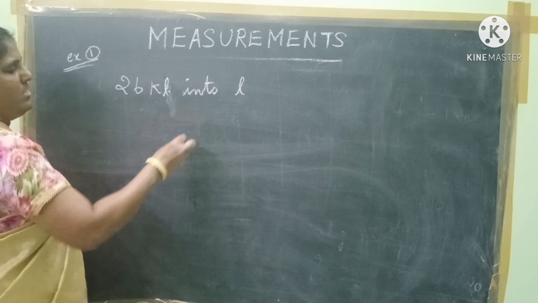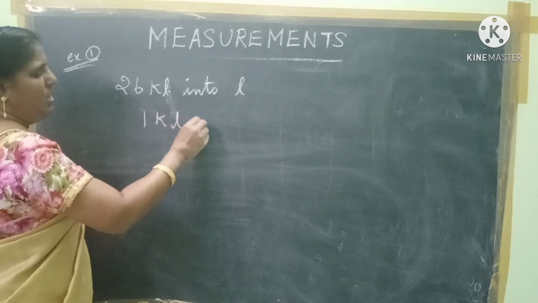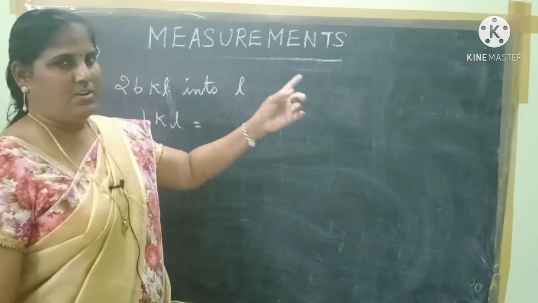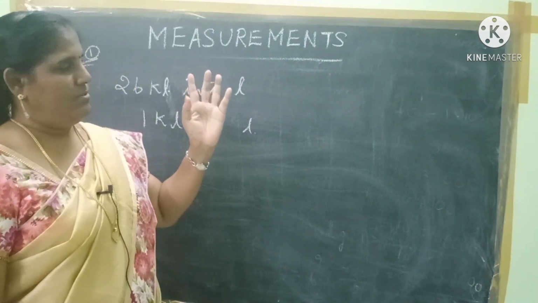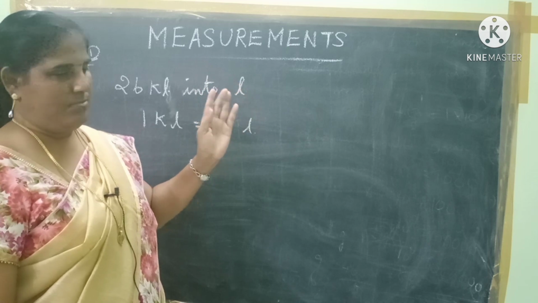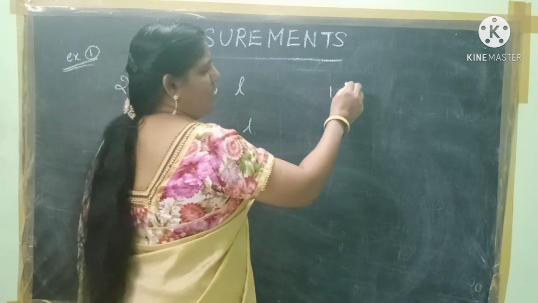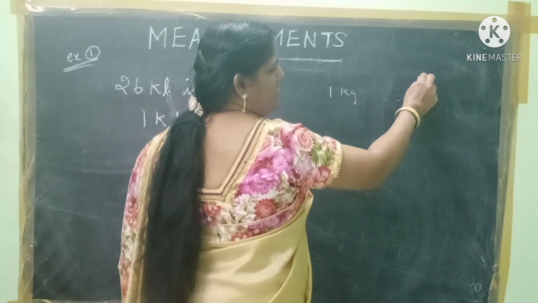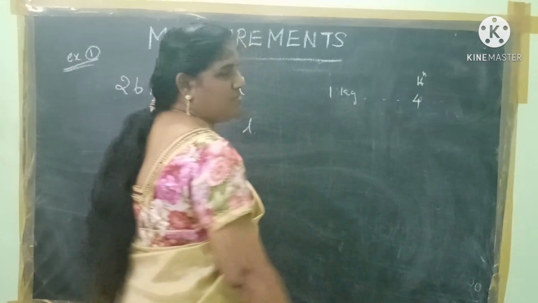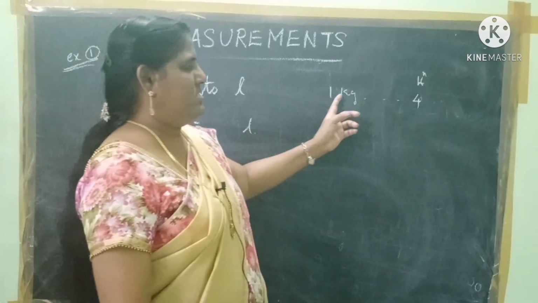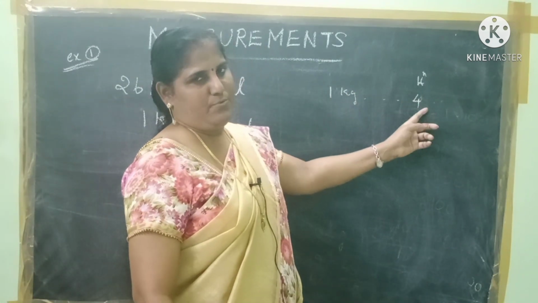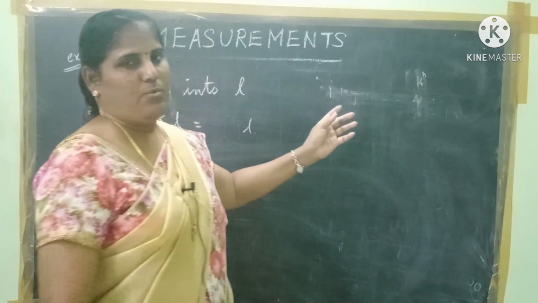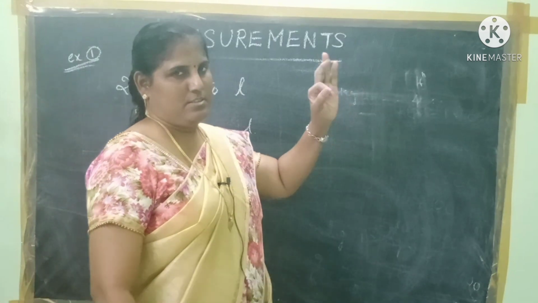So kiloliter to liter means 1 kiloliter equal to how many liter? I already told you. In the liter, when will it come? In the fourth place. Fourth place, fifth, sixth, seventh. So how many zeros will come? So what is the power of tens? 3.